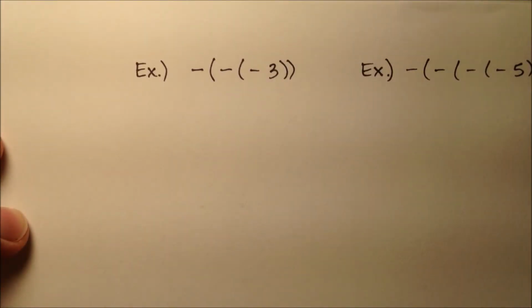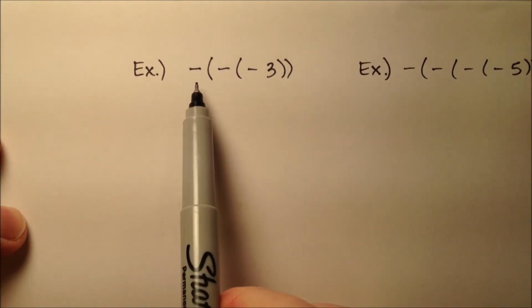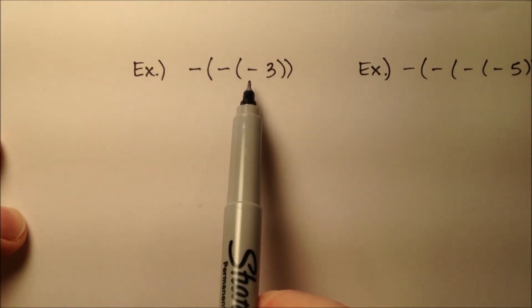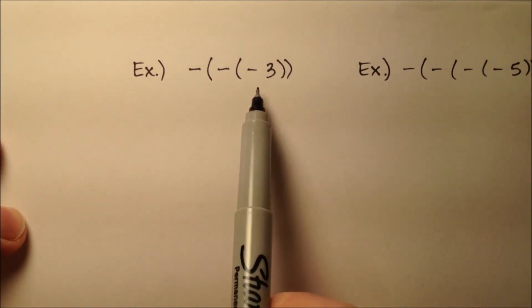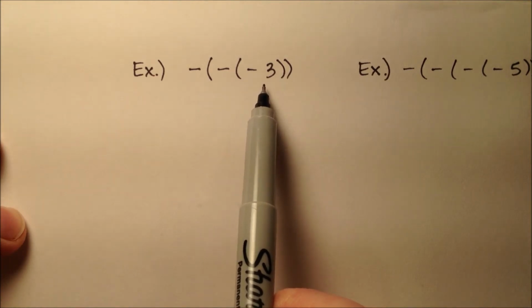I want to take a moment now and explain a little better why, if we have an odd number of negative signs, our answer is negative, and if we have an even number of negative signs, our answer is positive. So let's look at this example. We have the opposite of negative 3.